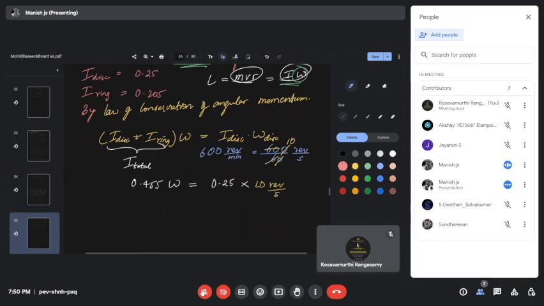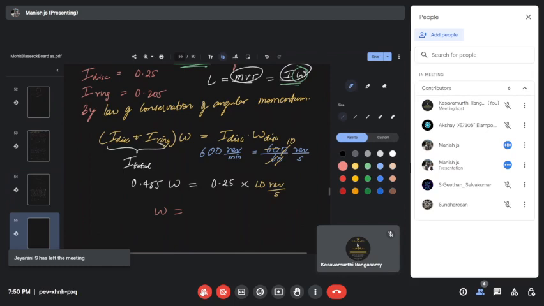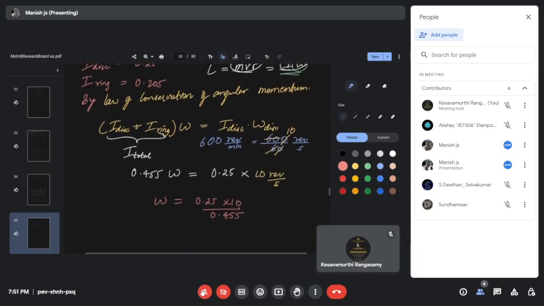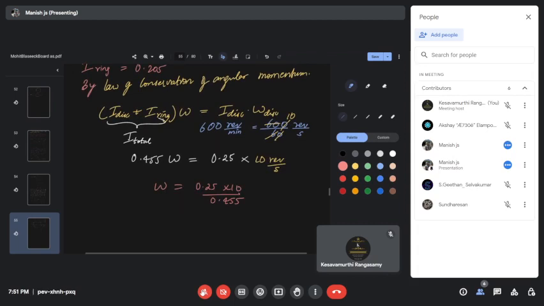So go for the simplification. Omega is equal to 0.25 times 10 upon 0.455. You need to simplify all these terms, so it's better that you go for simplification. It can be written as 25 into 10 raised to minus 2 (25 by 100, and 100 is 10 power minus 2).